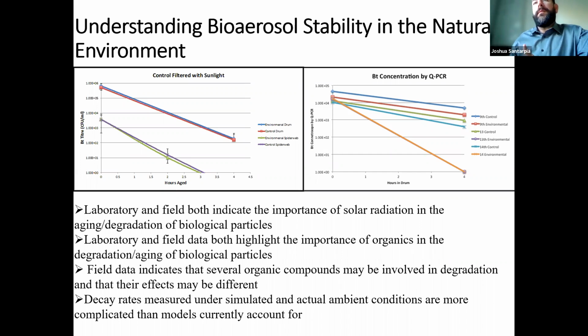And that's a function of what the environment is and what the factors are. And these are the kinds of things that we can learn by doing these sort of controlled releases in ambient environments where we both control and contain the particles that we have.